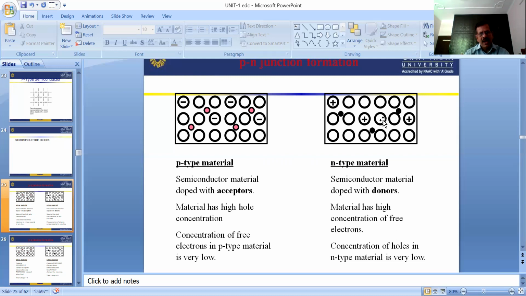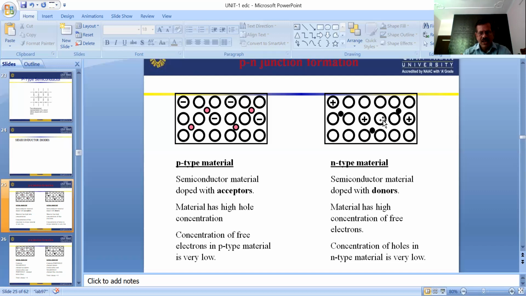So in p-type material, holes behave as majority charge carriers and electrons as minority charge carriers, while in n-type material, electrons behave as majority charge carriers and holes as minority charge carriers. This is the basic difference between p-type and n-type materials.